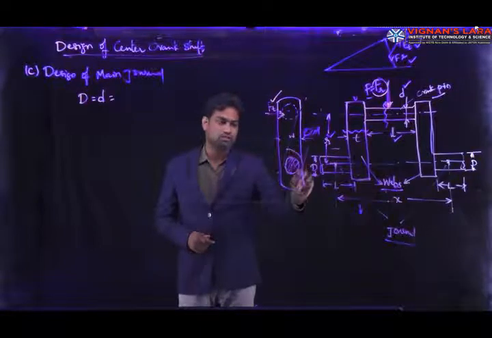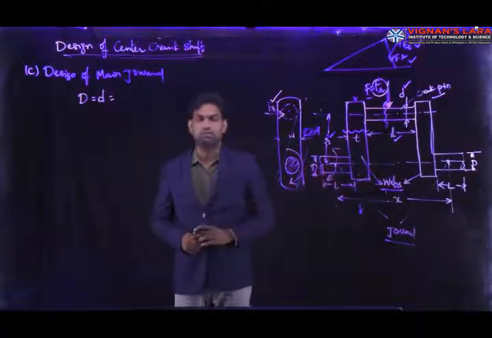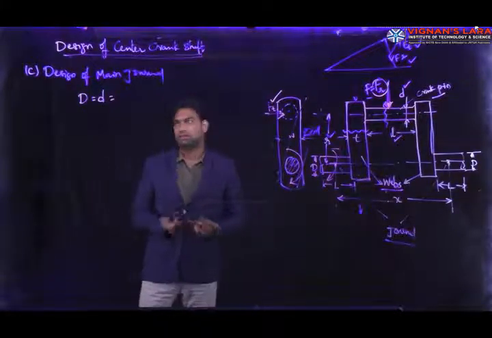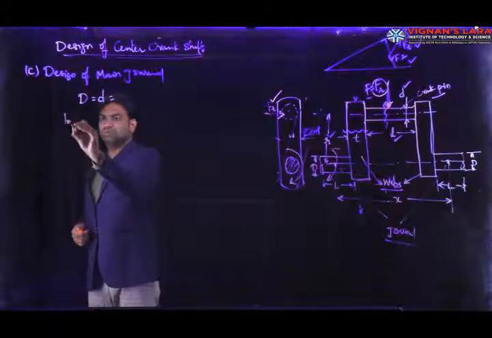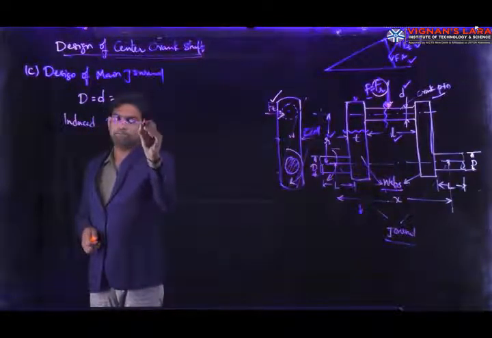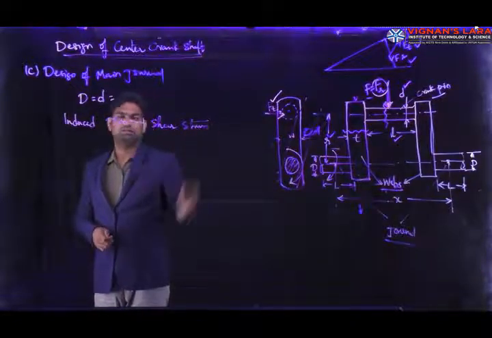There is a chance of twisting of the shaft, that is, the main journal, which induces the torsional shear stress in the main journal. Clear? So that is the induced torsional shear stress.